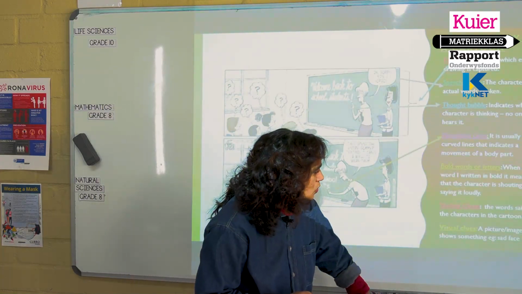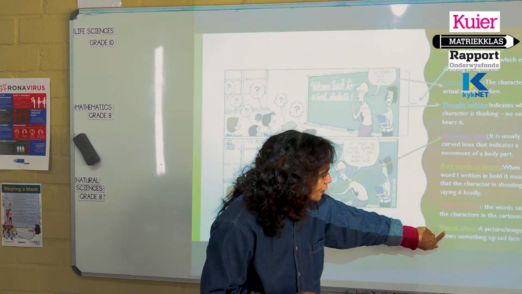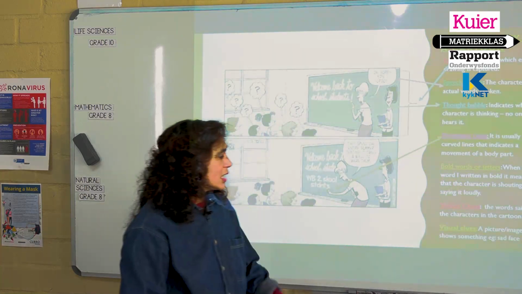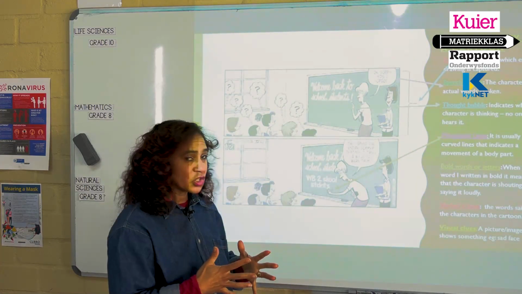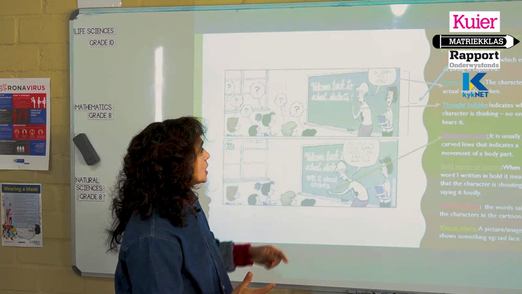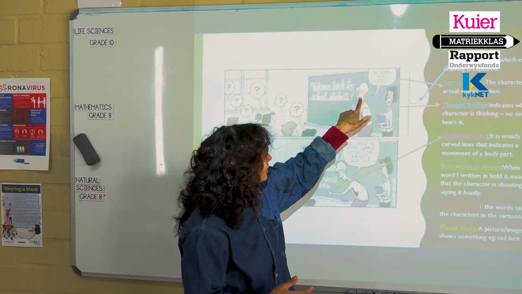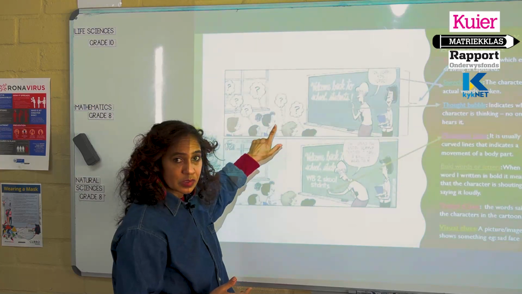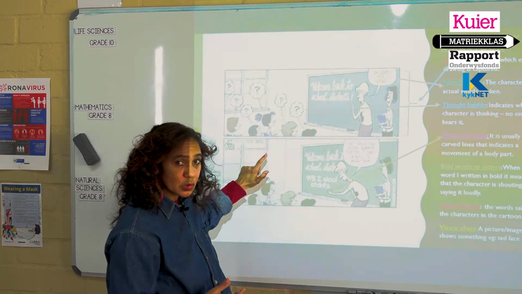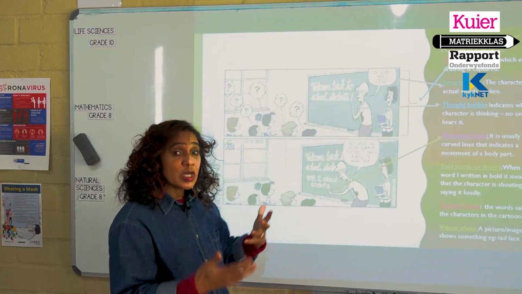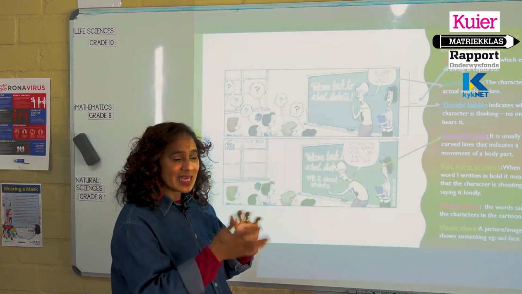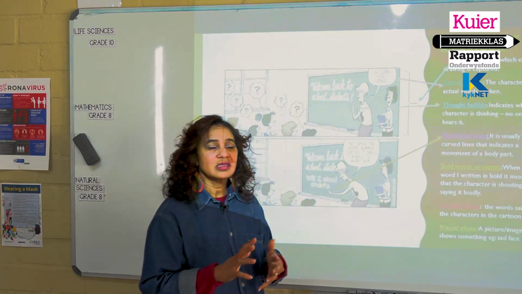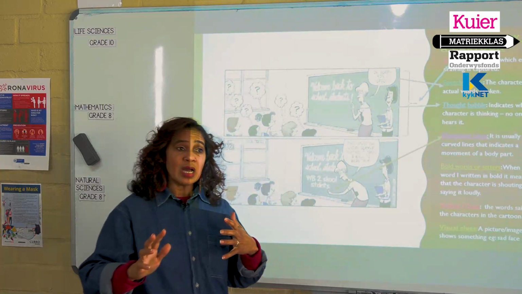Then also the visual clues would obviously be a picture or an image that shows something. So on the faces, we can see these are visual clues. So when they talk about visual clues and verbal clues, you must be able to make that difference. And in some instances, the question will be more direct.